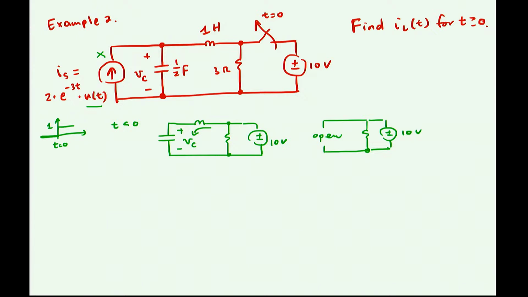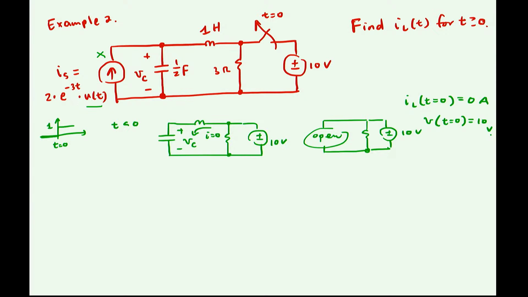Okay, so we know that the initial condition we have IL, there's no current here, okay, because it's an open circuit. So 0 amp. And then the voltage across a capacitor is equal to 10 volt. Okay, so we have these two initial conditions to start with.